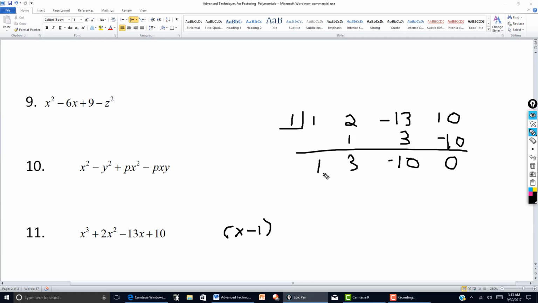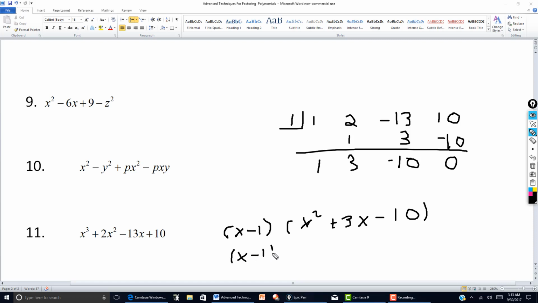Well, these numbers in the last row give me the coefficients of the quotient, which is x squared plus 3x minus 10. And by doing this synthetic division, I get one factor that's a quadratic, and I'm able to factor that now.